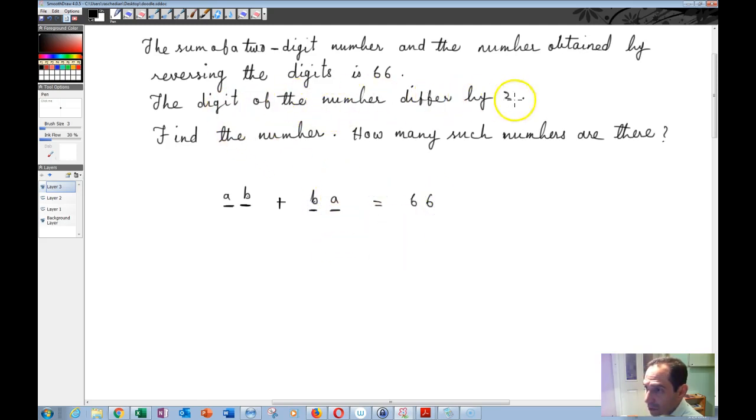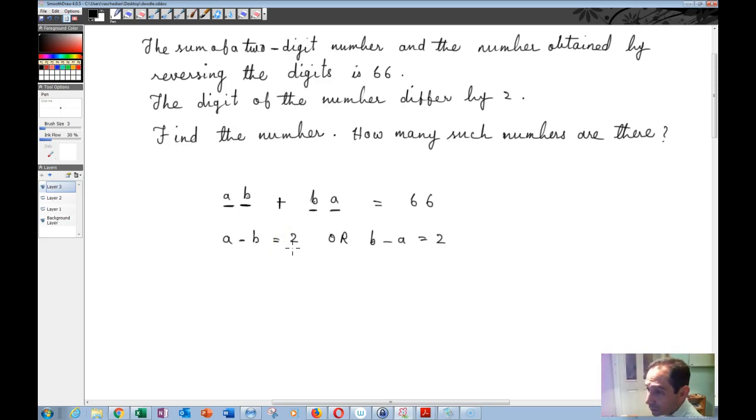And if the digits of the number differ by 2, meaning that either a minus b is equal to 2, or b minus a is equal to 2, then you want to find this number, and you want to know how many such numbers there are. I think the answer might be 2, but we will see about that.